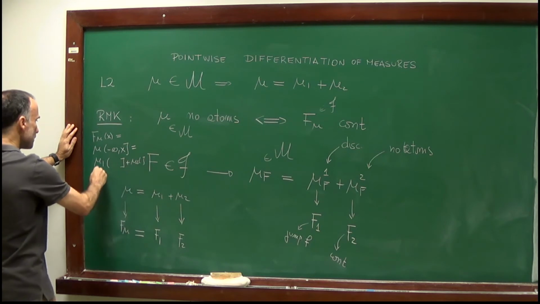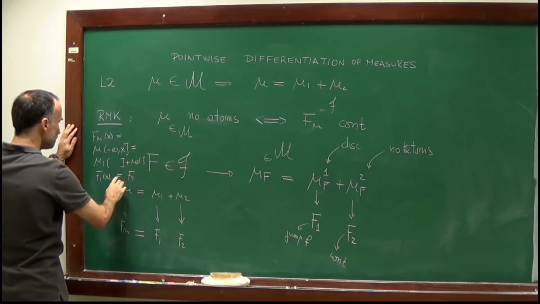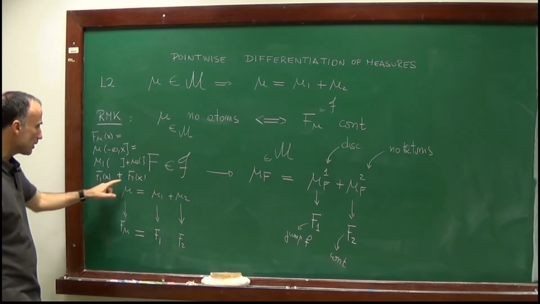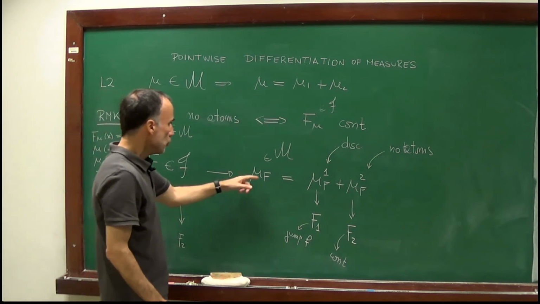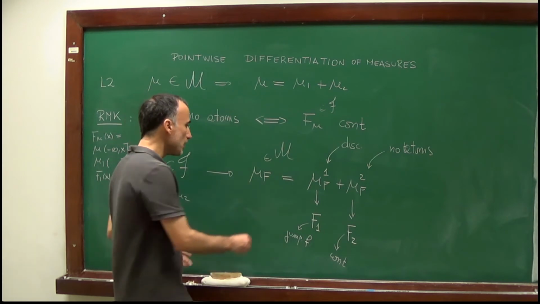But mu1 of this set is f1 of x, and mu2 of this set is f2 of x. And therefore, f mu of x is equal to f1 plus f2. So the monotone function associated to mu f is f.